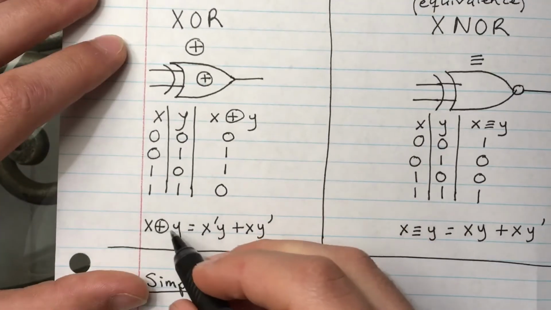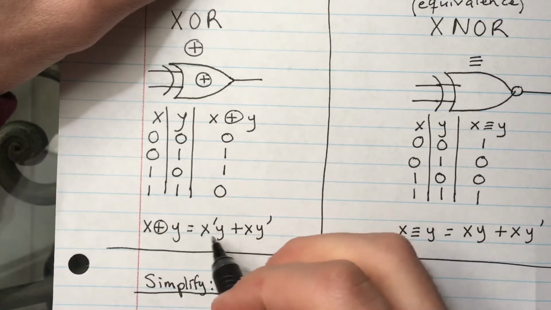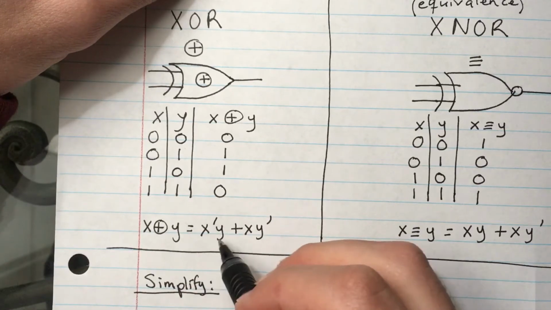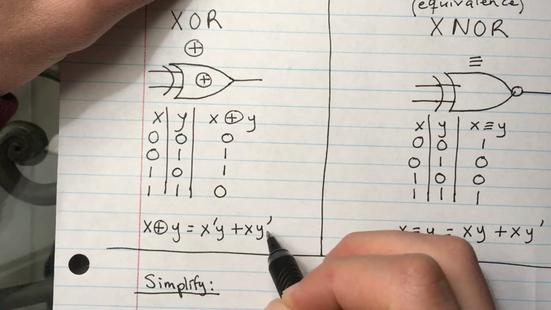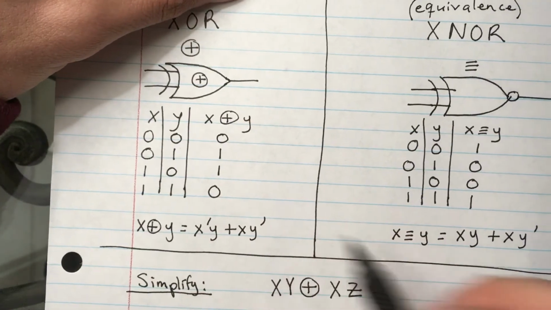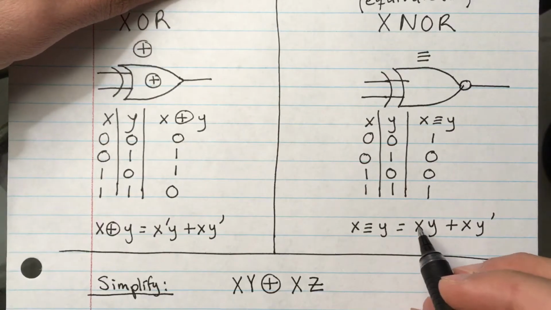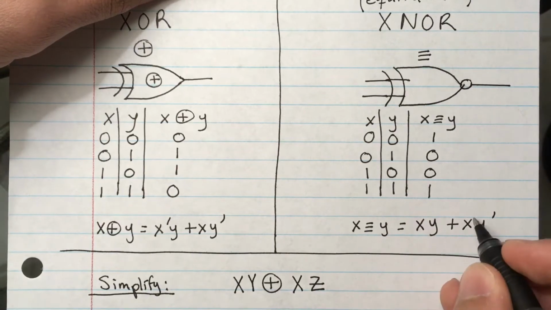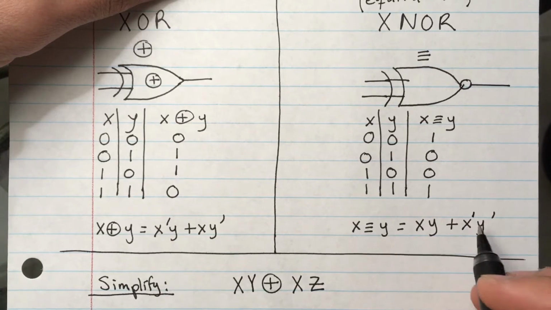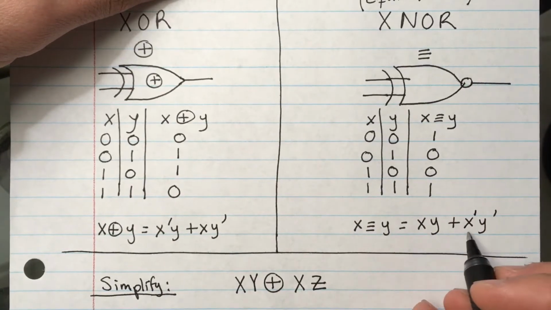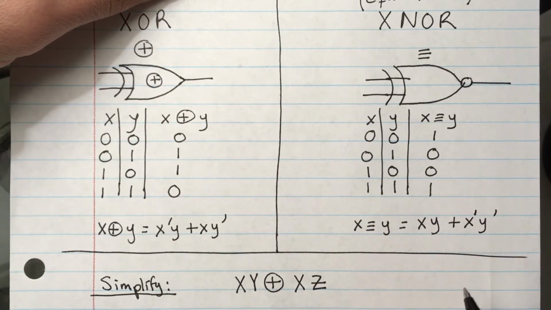So I have right here, if you want to summarize what XOR is, it's x prime y plus x y prime. And then for XNOR, it's x y plus x prime y prime. Right? Okay, so x y plus x prime y prime.